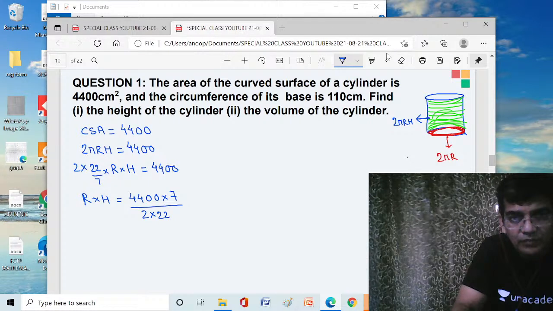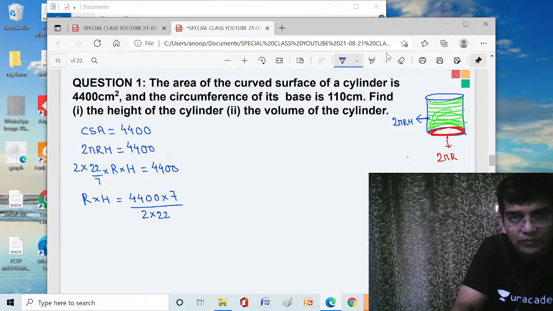The curved surface area was given. I applied the formula for curved surface area and I am getting this equation. Now what I can do next is, they have given me the circumference, and the circumference formula is 2 pi r. So I can write the circumference given as 110.